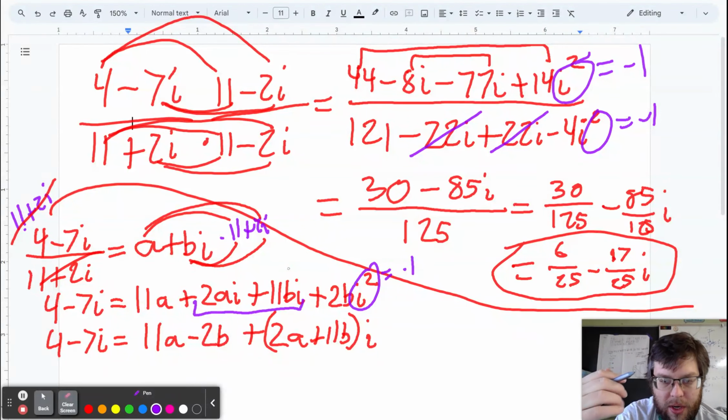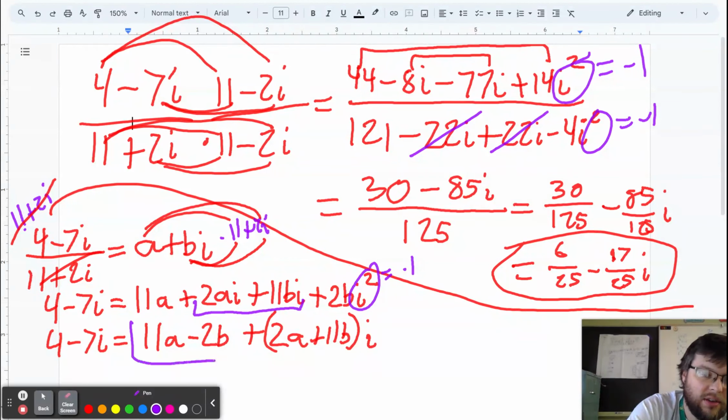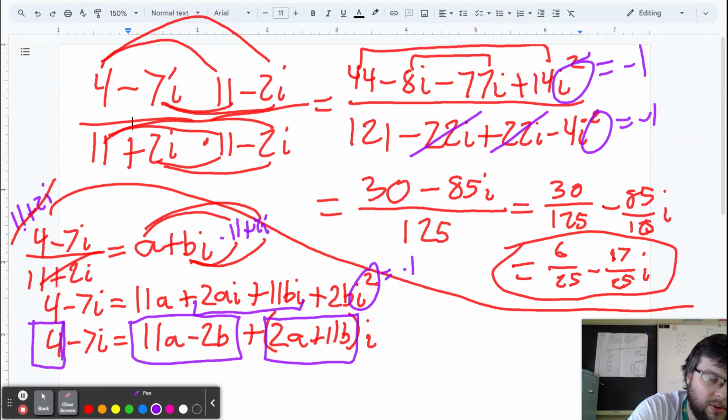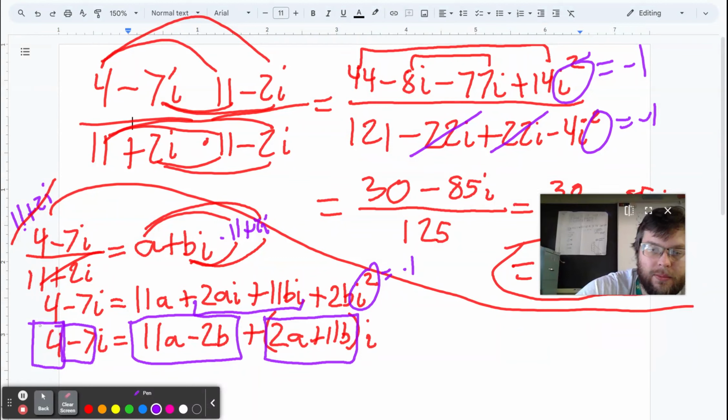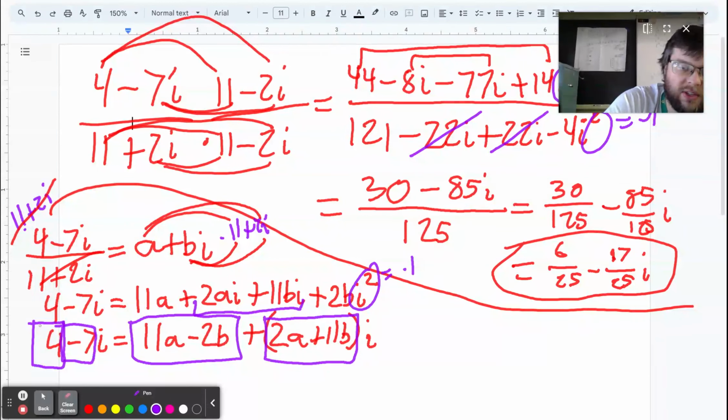Now, what you have here is actually a system of linear equations. You have the real part needs to equal 4, and the imaginary part needs to equal -7. And so you can set up two different equations to solve. I'll do it over here.